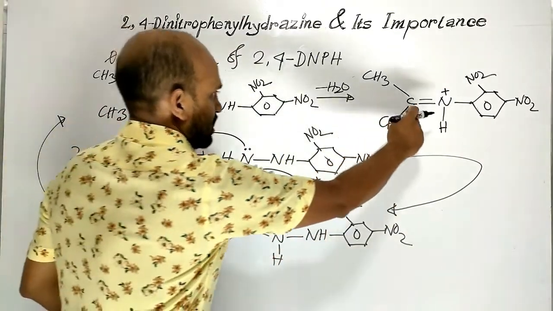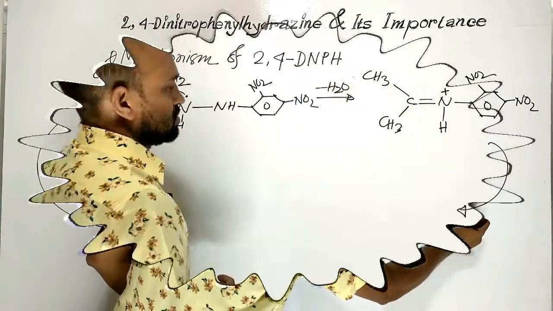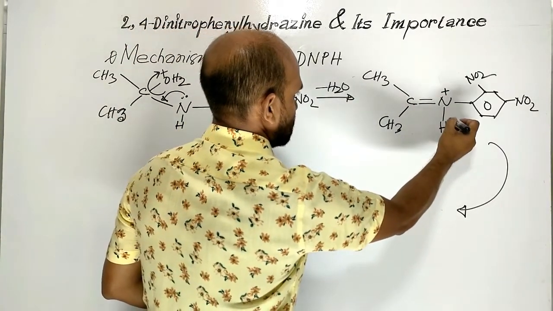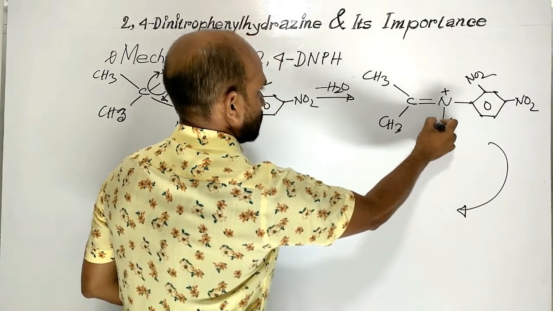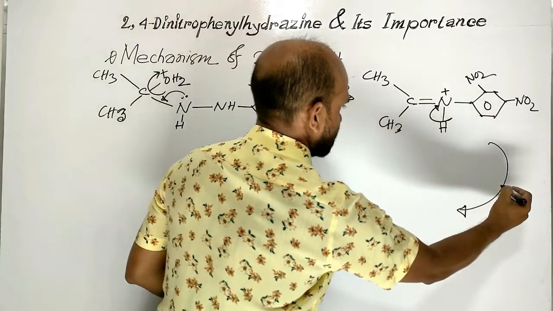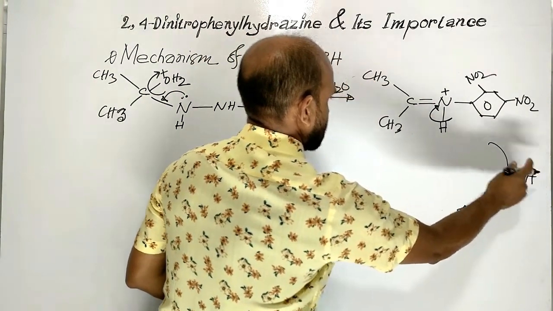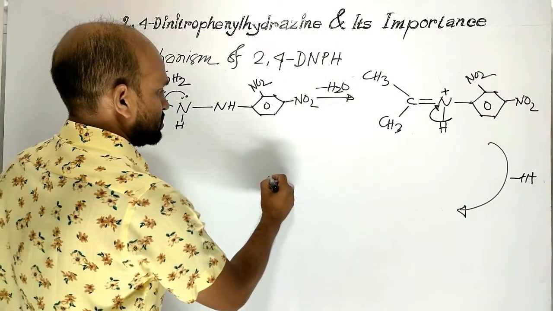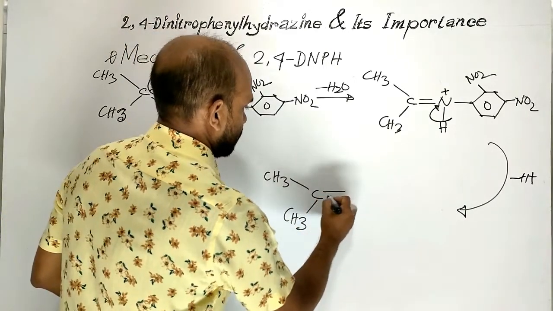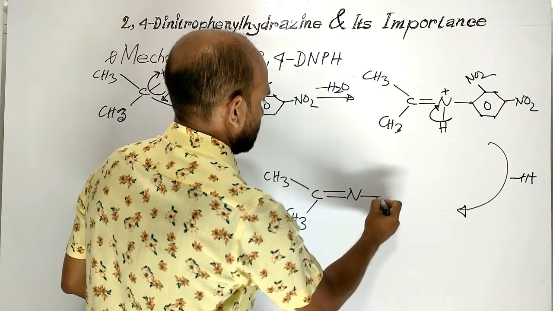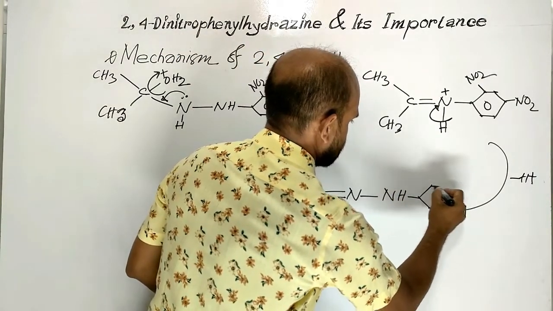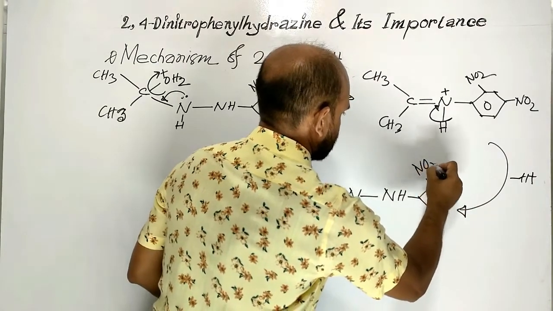Now this ion converts to, in this ion over nitrogen positive charge. That is why these covalently bonded electrons move towards nitrogen and this hydrogen gets freed as proton, and ultimately this is obtained: CH3, here CH3, carbon nitrogen double bond, then here nitrogen hydrogen, and this is the last part of this molecule.